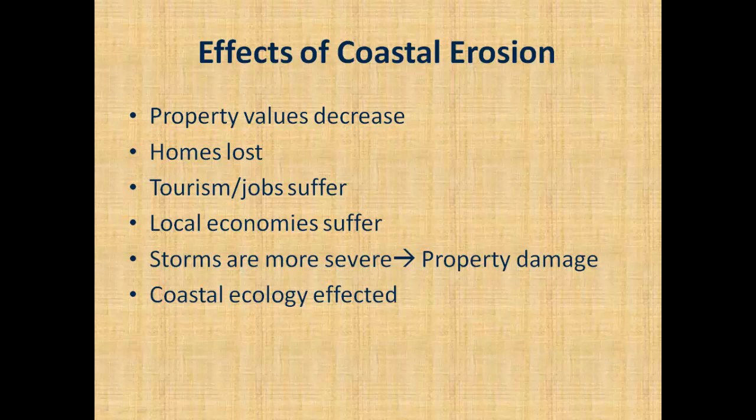Then you have storms as an effect of coastal erosion. Storms are more severe because, like I said before, we're losing what's on the coast to protect these properties and homes. So the effects of these storms are more severe, causing property damage.